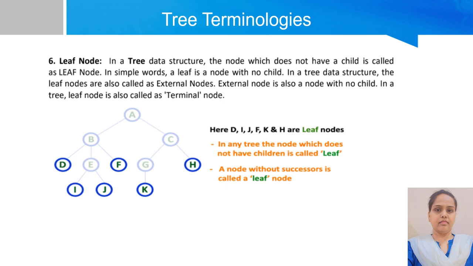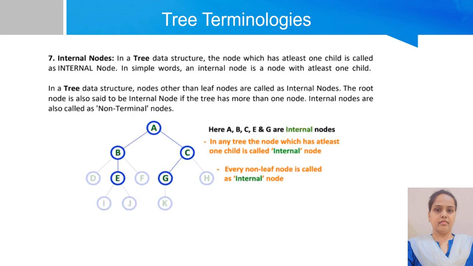Here D, I, J, F, K, H are the leaf nodes. Internal nodes. The nodes which have at least one child are called internal nodes. Here A, B, C, E, G are the internal nodes.